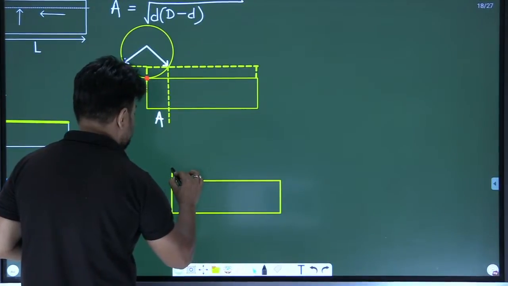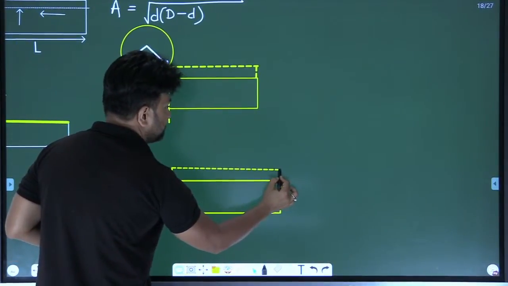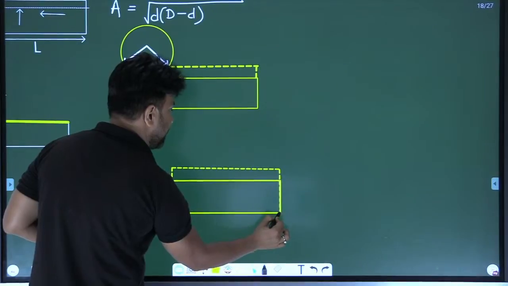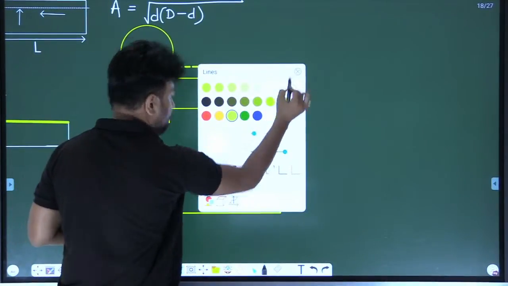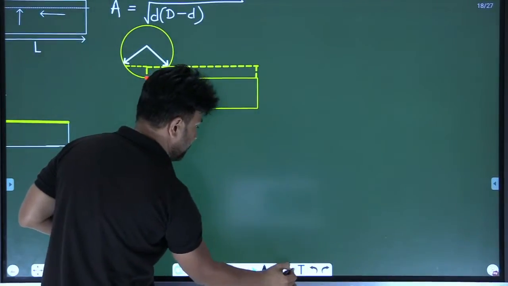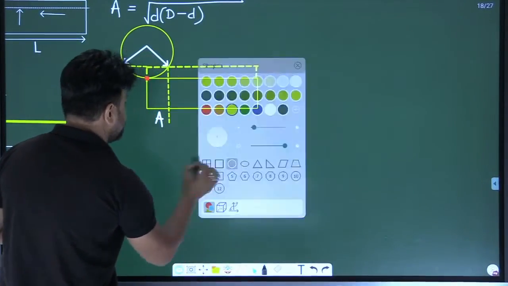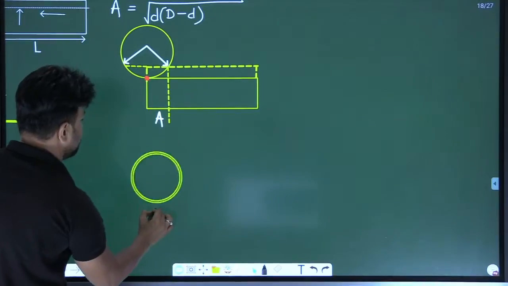This is the dotted line, meaning that much material we have removed. Now I will draw the milling cutter. See, this is a milling cutter here.